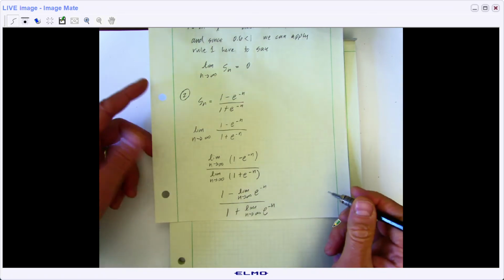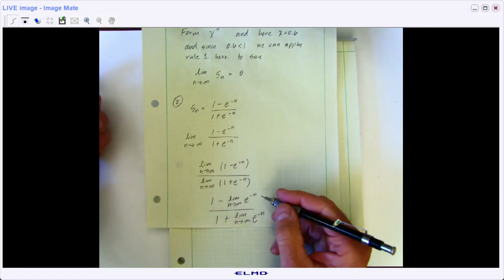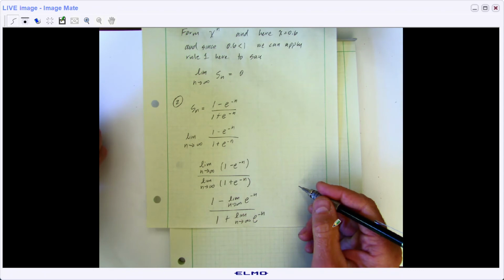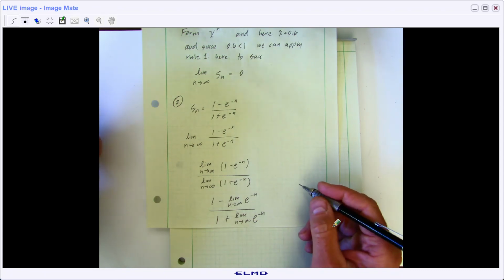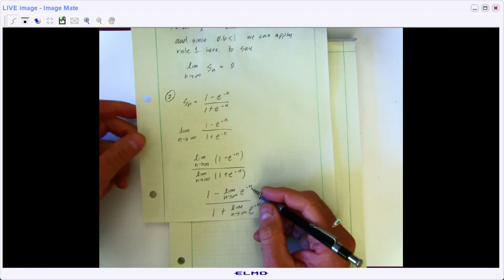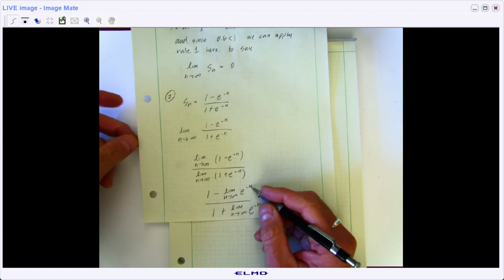And so now really what happens is we have to know what this limit is doing, right? And this is where it helps to think about what's going on here. So first of all, we can think of e to the negative n.